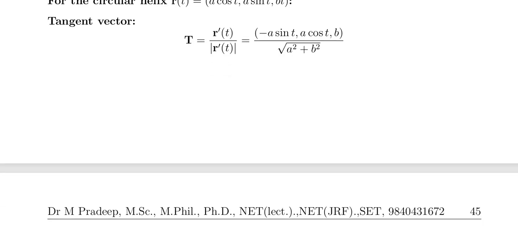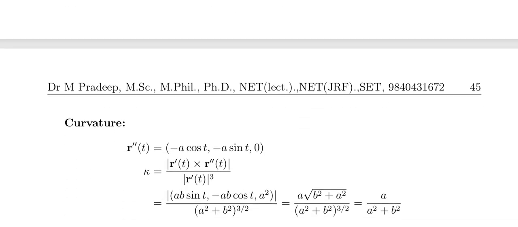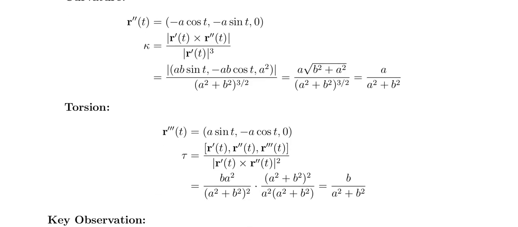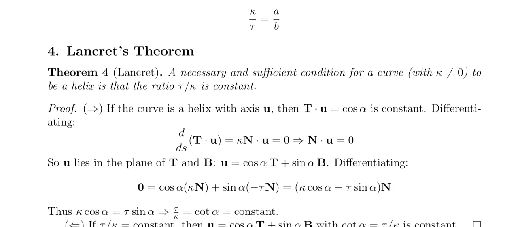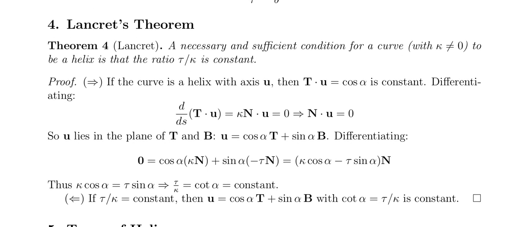The curvature and torsion of the helix we already found in the very first chapter. And Lancret's theorem is a necessary and sufficient condition for a curve, which is very important. The statement of Lancret's theorem: a necessary and sufficient condition for a curve to be a helix is that the ratio tau by kappa is constant.